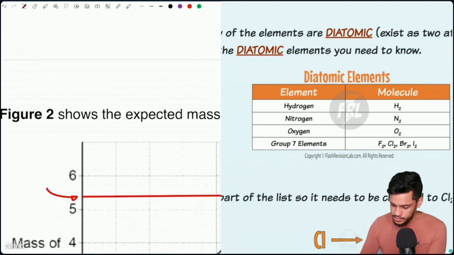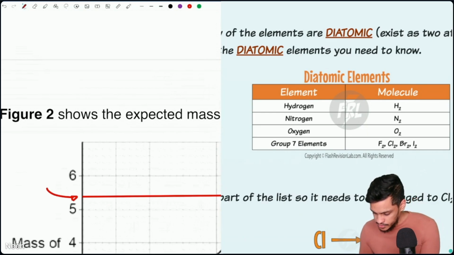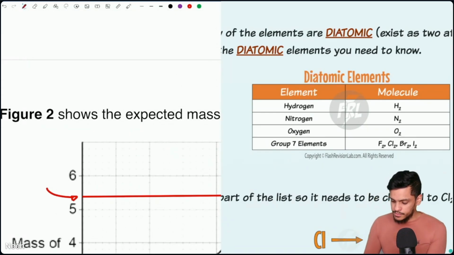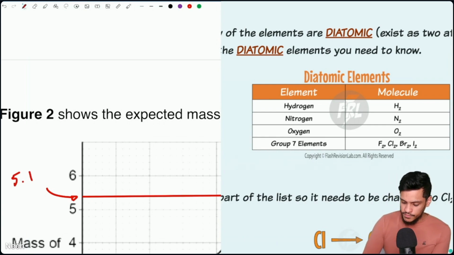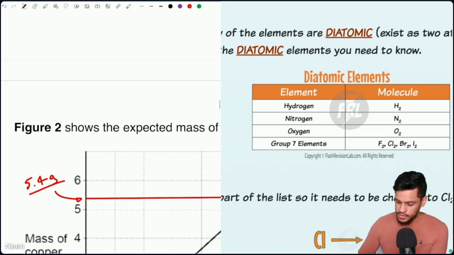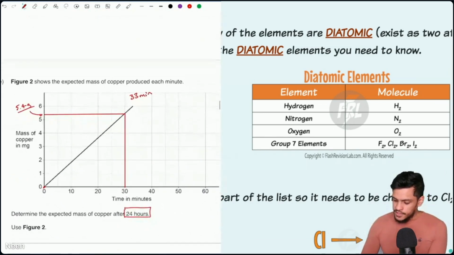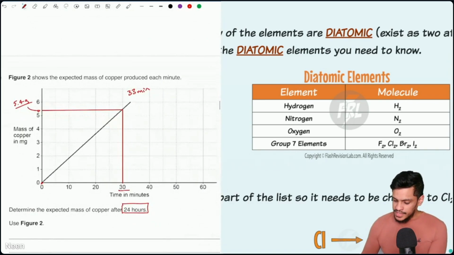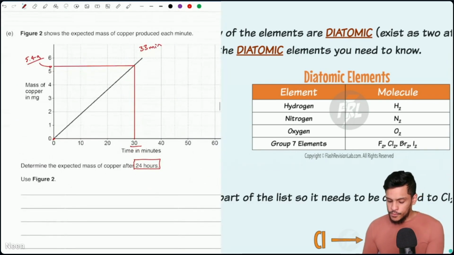Each square is, there's 5 squares in between 5 and 6, so each square is 0.2. So that reading is 5.4 because there's 2 squares on it. After 30 minutes, it gains 5.4 grams.